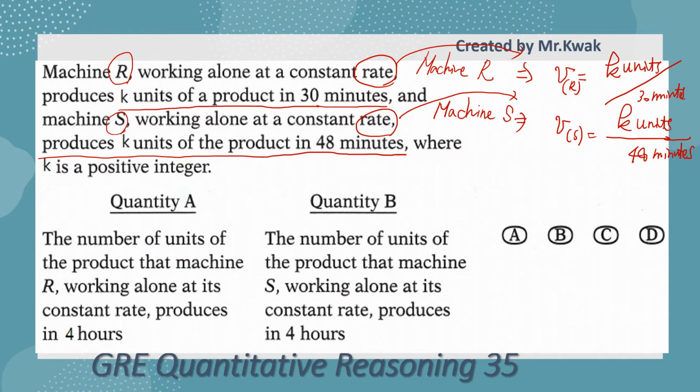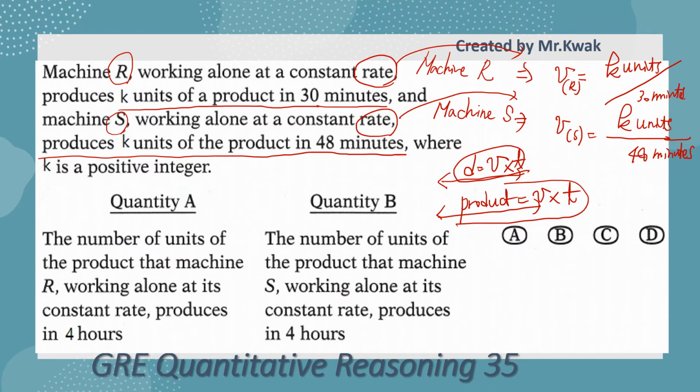Because as we talked about, distance equals velocity multiplied by time. And also the quantity of product equals the velocity of the machine multiplied by the time it takes. So it's the same way. That's why we could write our own formulation like this.